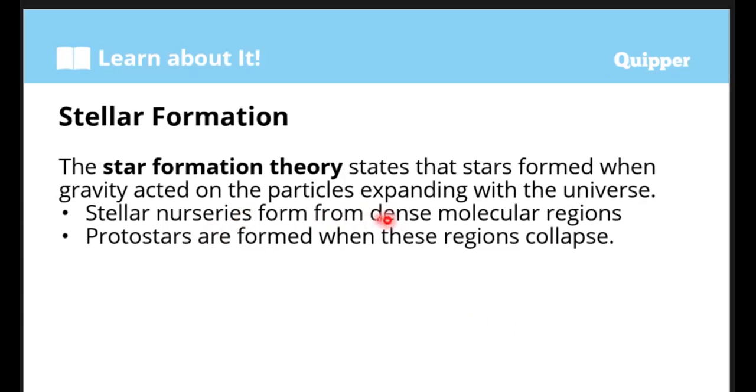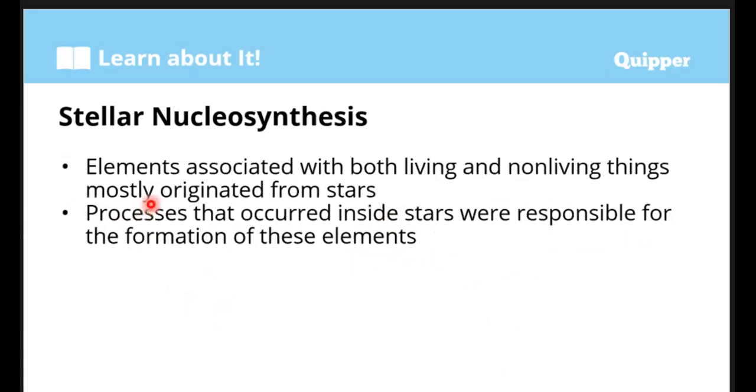Stellar nurseries form from dense molecular regions, and protostars are formed when these regions collapse. In stellar nucleosynthesis, the elements associated with both living and non-living things mostly originated from stars. That's why there is a quote, I don't know if you were able to read it, where a philosopher said that we are from stars, that all living and non-living things are from stars.